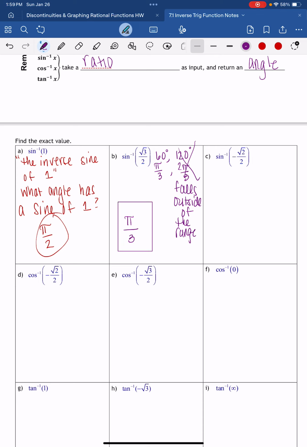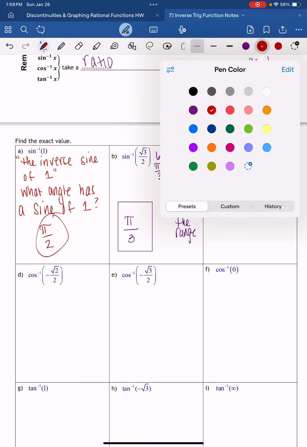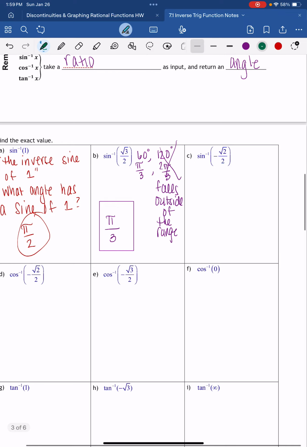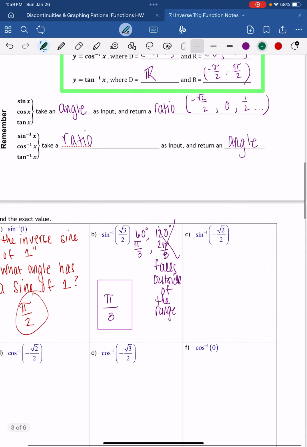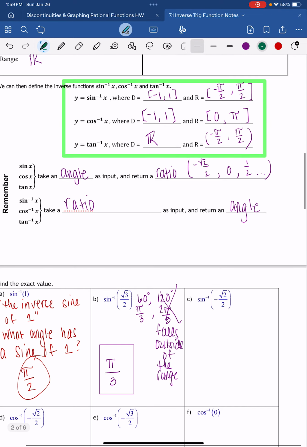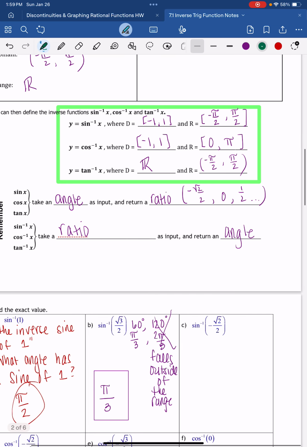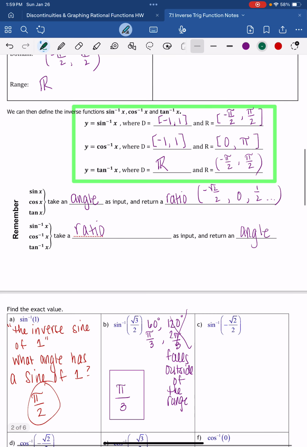Okay. Who has a sine of negative root 2 over 2? I'm going to go back to above, where I was giving you the domains and ranges. What might be very helpful for you is to know this. All positive inputs happen in quadrant 1.